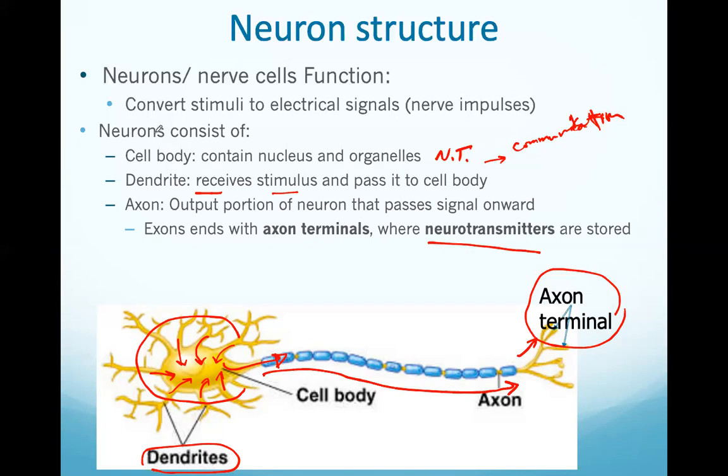Axon terminals are important in terms of storing the neurotransmitters that were originally produced by the cell body. And these neurotransmitters are going to be the communicators, the molecules that allow a neuron to communicate with your muscle fiber, which eventually leads to muscle contraction.